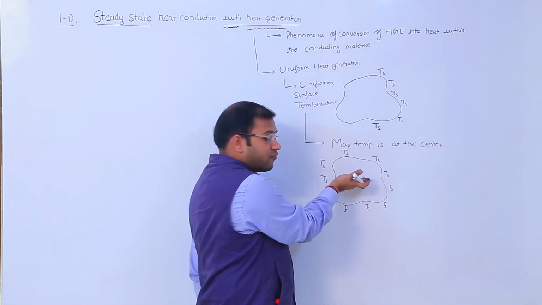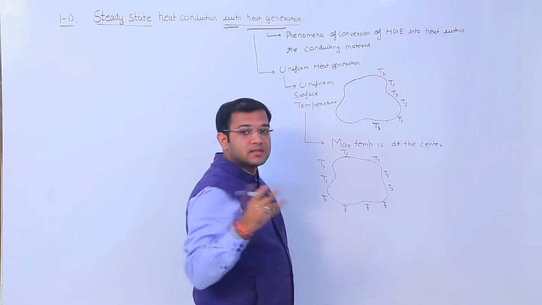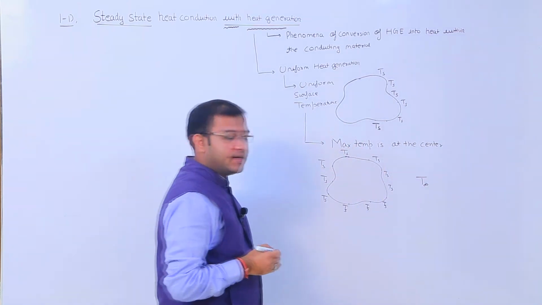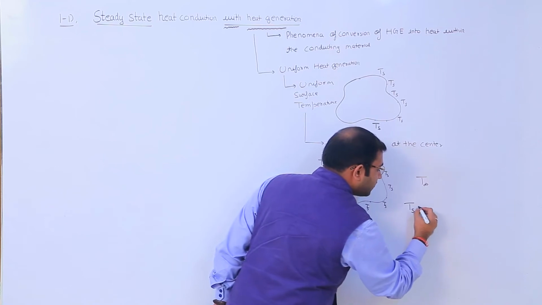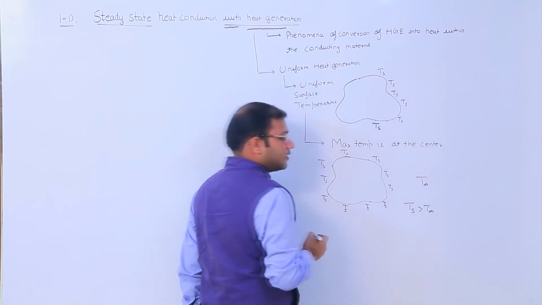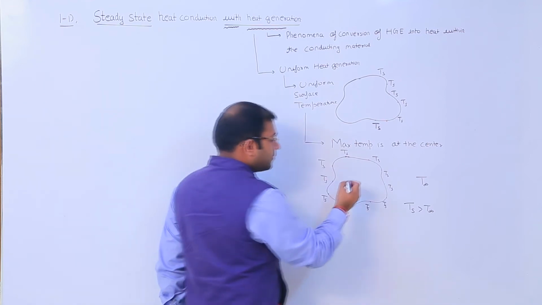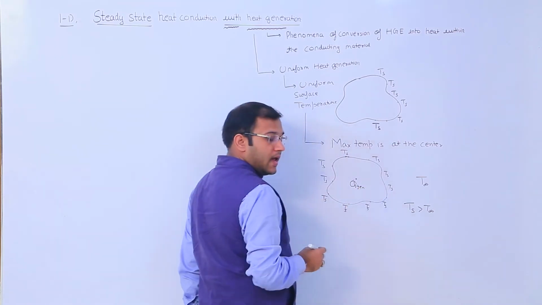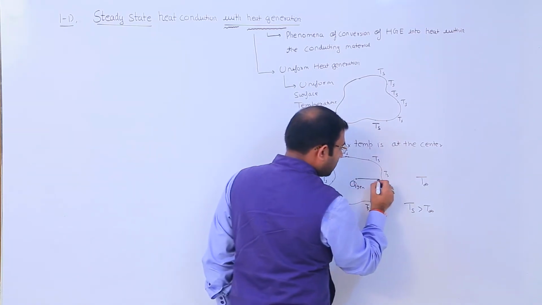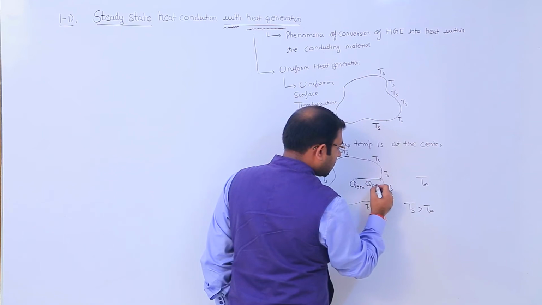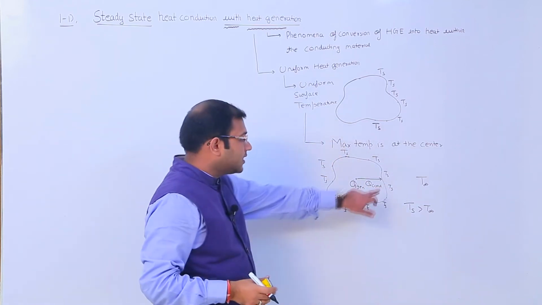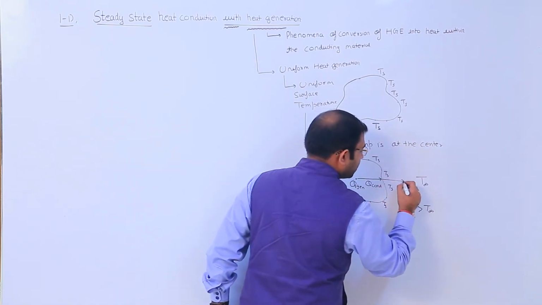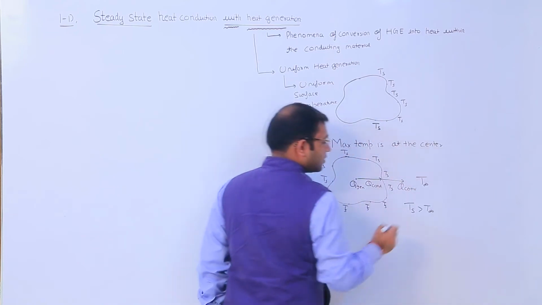That means some heat from the center is going to the surface, and ultimately you have ambient conditions T infinity, such that we assume surface temperature is greater than T infinity. So some heat will be generated here, Q dot generation, and this generated heat will be conducted, Q conduction, and this conduction takes place till the surface, and beyond this surface there will be Q convection.